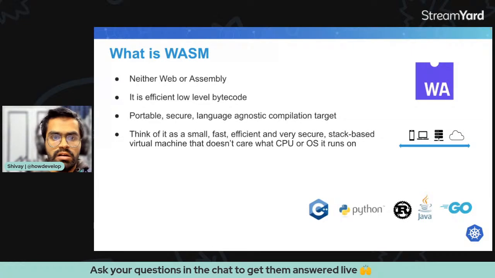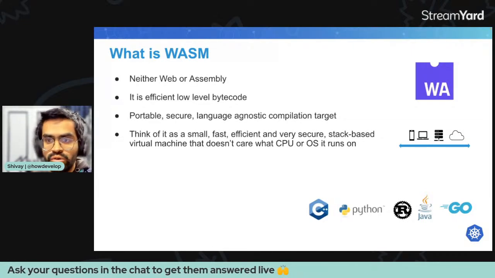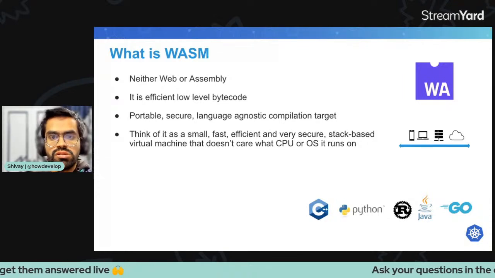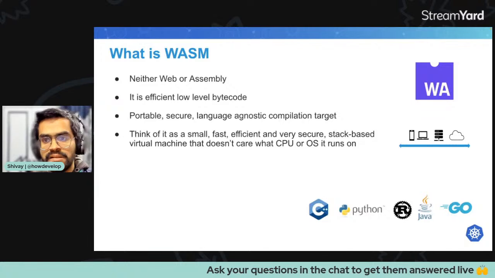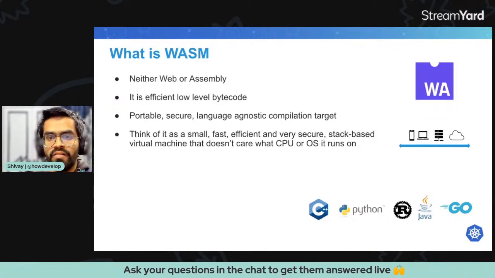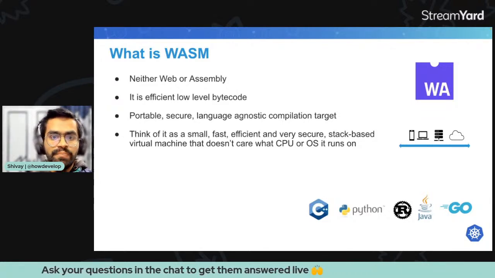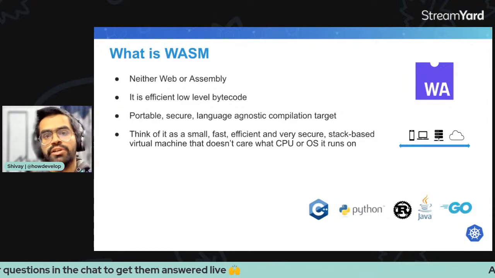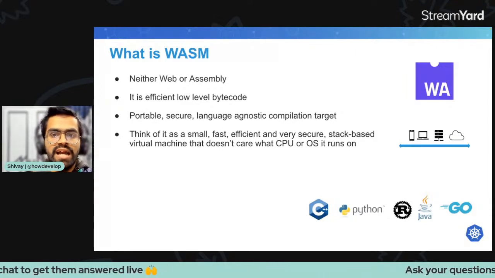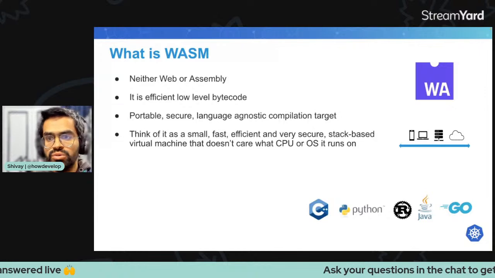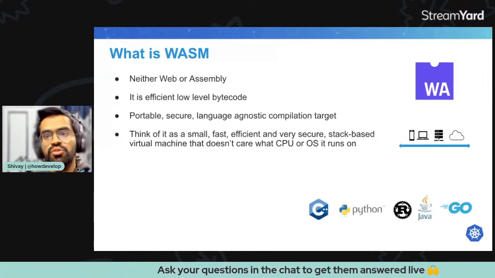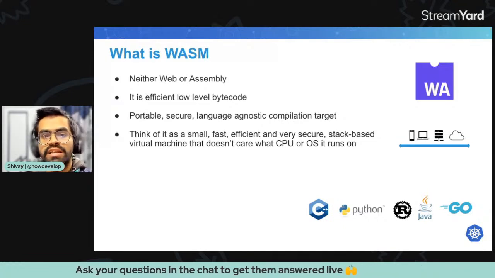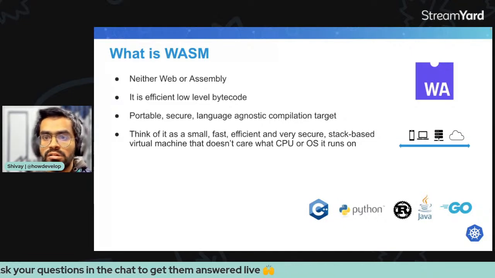The way WebAssembly bytecode works is that there is a sandbox layer in which your bytecode resides, and whatever interaction needs to take place happens with the help of this sandbox. So it provides a very secure environment to run your code, and it is very hard to break into the WebAssembly security model.